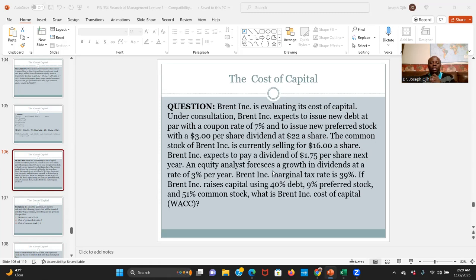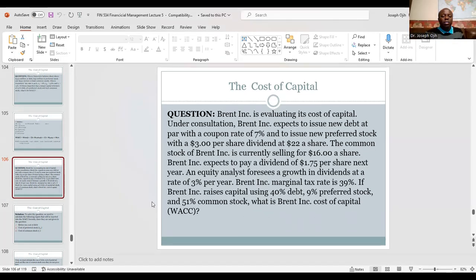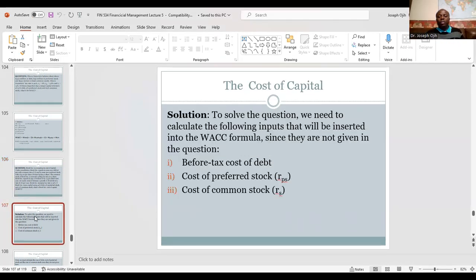If Brent Incorporated raises capital using 40% debt, 9% preferred stock, and 51% common stock, what is Brent Incorporated's cost of capital? Again, they didn't mention short-term debt for some reason. I don't know, but usually you work with the information you are given. So to answer this question well, we need to calculate three things first, which are not given here.